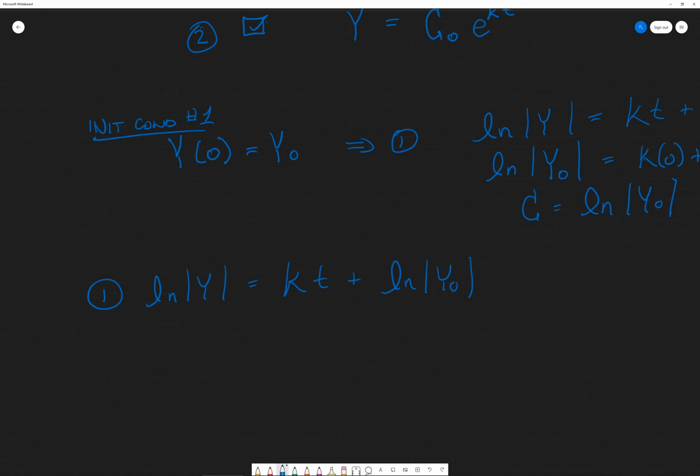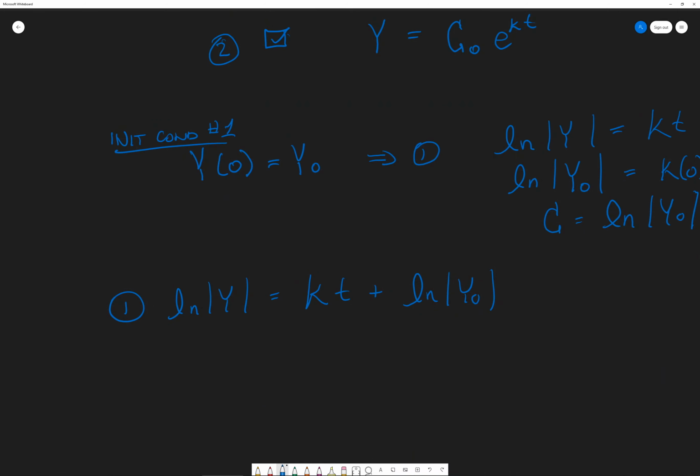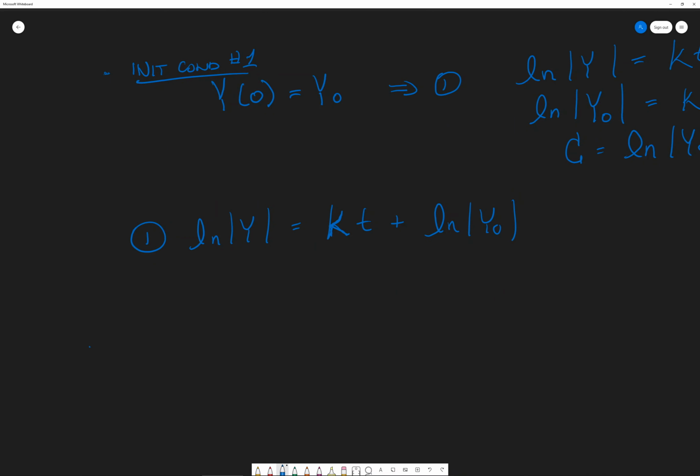Now, what else can we do? Well, we have another variable that we don't know. We don't know what k is. We didn't know what c is or k is, so we needed two equations to solve. We have one equation we used for c. Now we're going to use the next equation to solve for k. So we have initial condition number 2, and that is that y at 5 minutes is equal to 0.5 y naught.